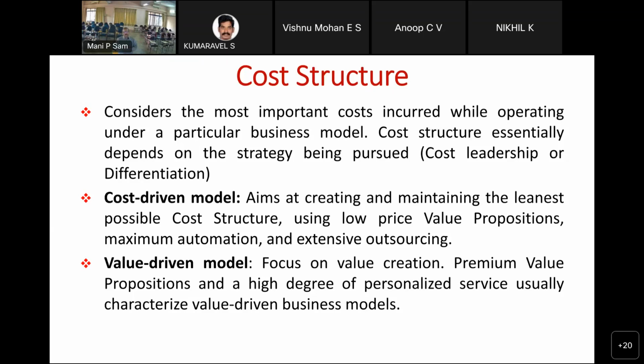So the cost structure depends on the strategy you are pursuing. Are you a cost leader or a differentiator? If you are operating in a commodity market where the products are not differentiated or differentiable, if you do an analysis of the job to be done from the customer's perspective, there is no difference if he takes anyone, or it is a job which really doesn't have much of a consequence.